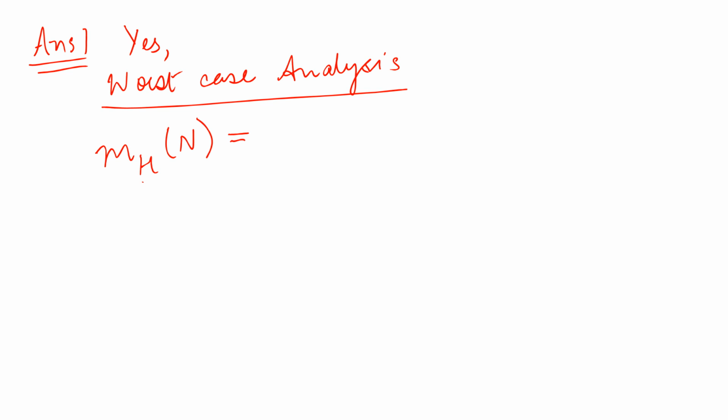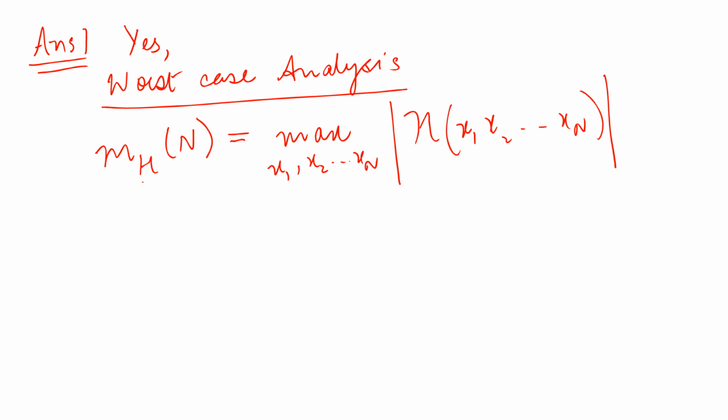And this is the maximum number of dichotomies that H can implement on any data set of size n. So basically I can write it as the max over x1, x2 up to xn of the cardinality of H, x1, x2 up to xn. And this here is known as the growth function.